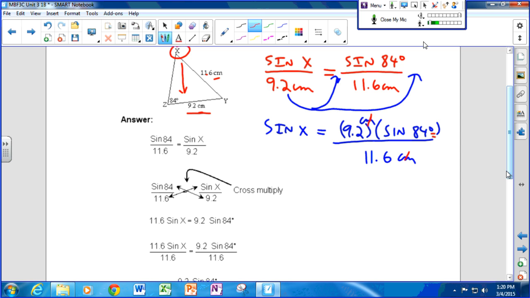Okay, so now we need to figure out what angle x is, and we're going to end up with a number when we work this right-hand side out. If you remember, the way to find the angle from a ratio is to use the inverse sine.